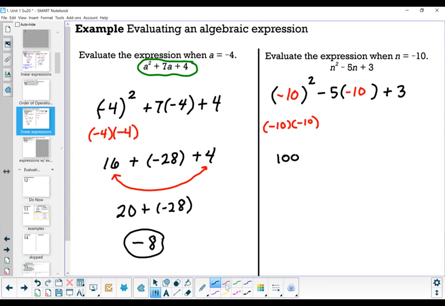All right, the second group where we have multiplication, that minus 5 times negative 10 is a negative times a negative. So that's going to be positive 50. And I'm going to bring down plus 3. All right, everything's positive. Add it all together, I get 153.